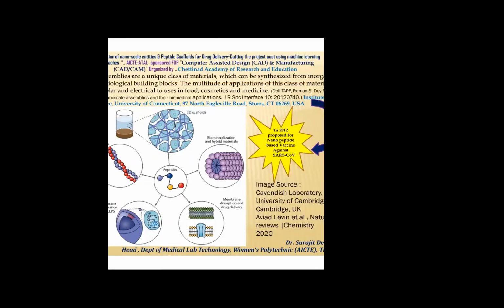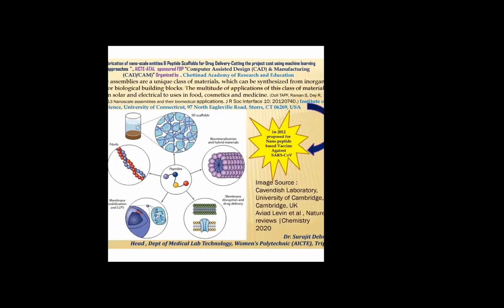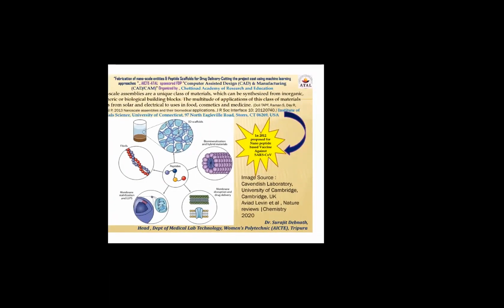And this is the lab which proposed that there is an urgent need to make a nanopeptide-based vaccine against it. So if at that point of time we would have been much more cautious, today's pandemic may not have been possible. Anyway, there are different aspects to it. And we have taken prior permission before using these photographs and the discussions.